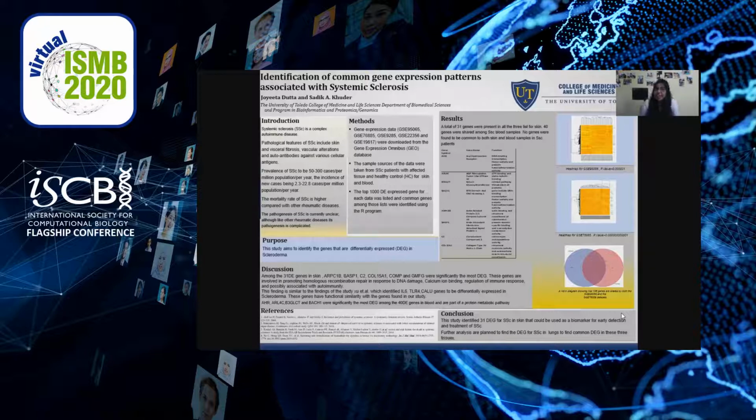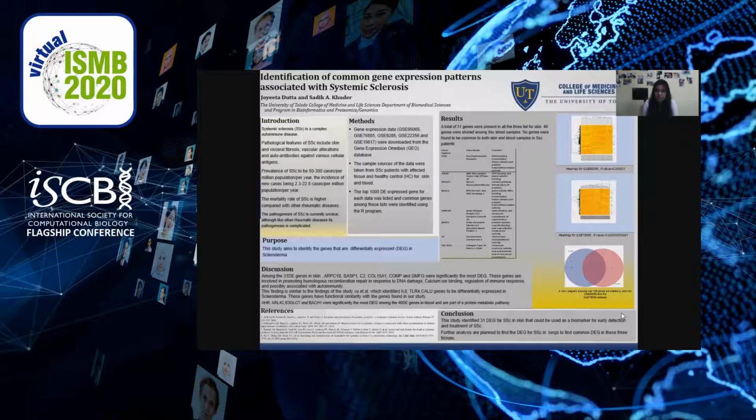So among those 31 genes which were significantly differentially expressed, the most differentially expressed genes were ARPC1B, BASP1, C2, COL15A1, COMP, and GMFG. The functions of this list you can see on the screen.